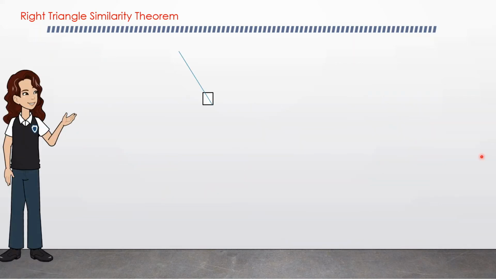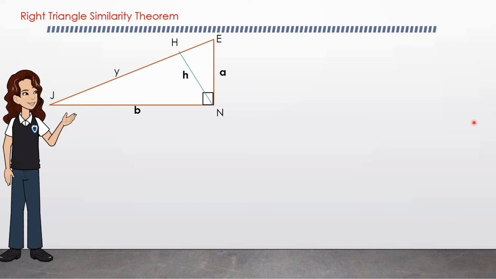Okay, our second example. So, we have triangle JEN with the altitude of segment HN. And we consider the side of the altitude, or the segment of the altitude, we name as side H. And segment JN, we have side B. And segment EN, that is side A. So, these three are the geometric mean.